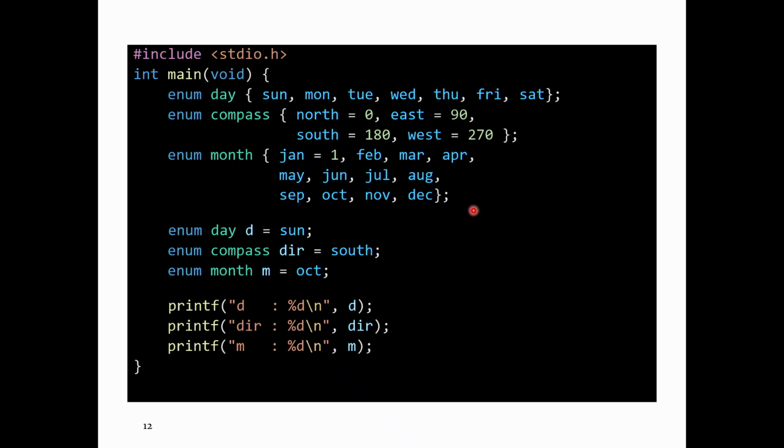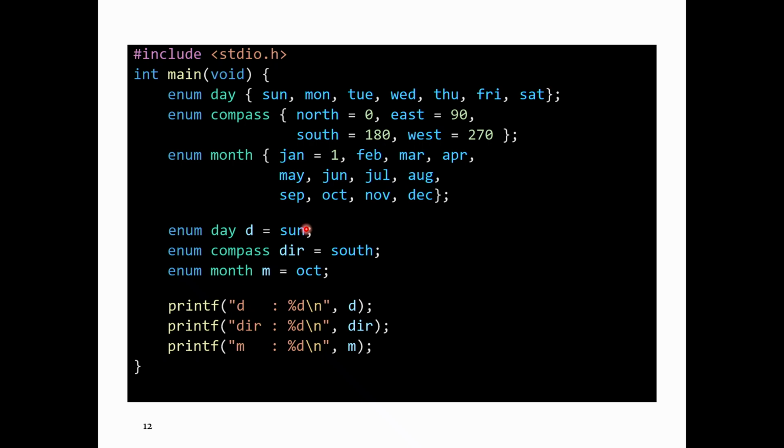Once you've got your enumerated names, you can then use them later on. For example, I can write enum day. You have to write enum day; you can't just write day. Then you can make a variable d, and you can assign it one of your enumerated values. So I can assign it the value Sunday, and then d will have the value 0.